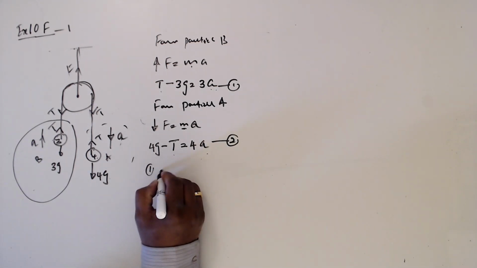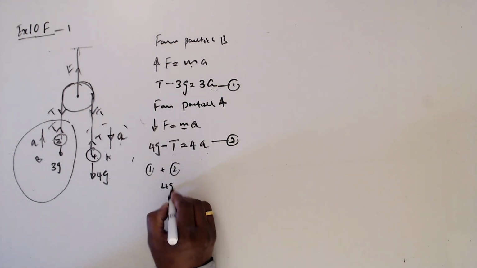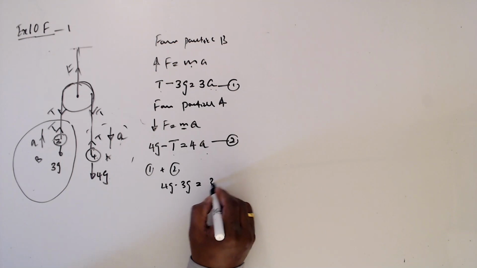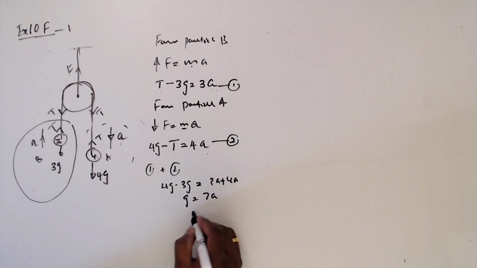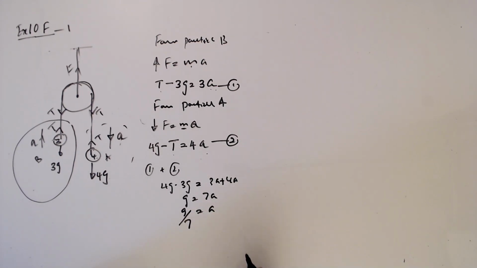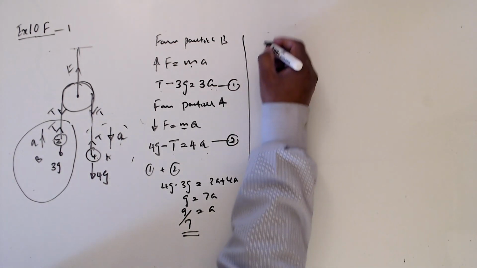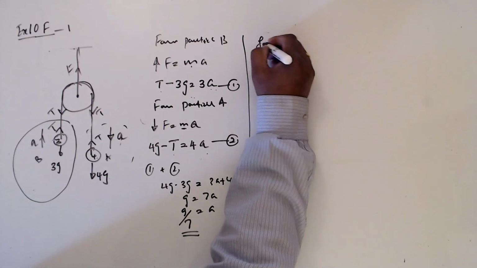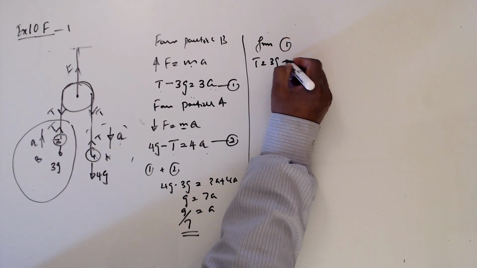So 1 plus 2: when we add those two together, 4g minus 3g equals 3a plus 4a. So g equals 7a, so a equals g divided by 7. Now we found the acceleration, and we need T. From 1, T equals 3g plus 3a.